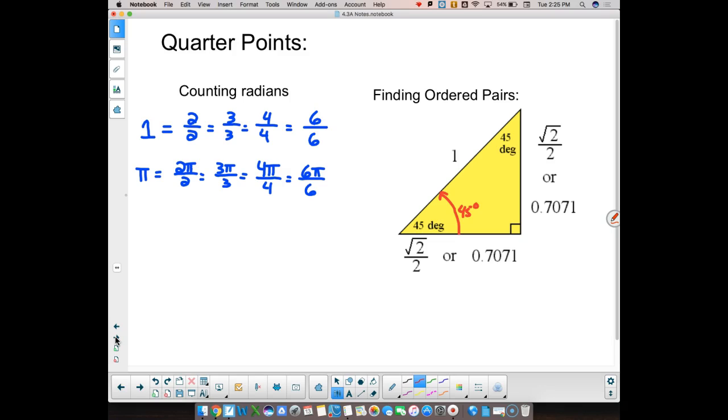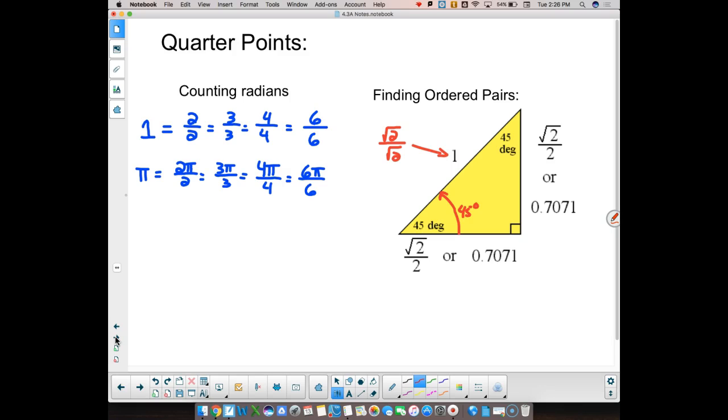Now, on the video that you were supposed to watch, these sides of the triangle were equal to 1, and the hypotenuse was equal to the square root of 2. But if I take the square root of 2 and I divide it by the square root of 2, now I get my hypotenuse is 1, because that's the unit circle.